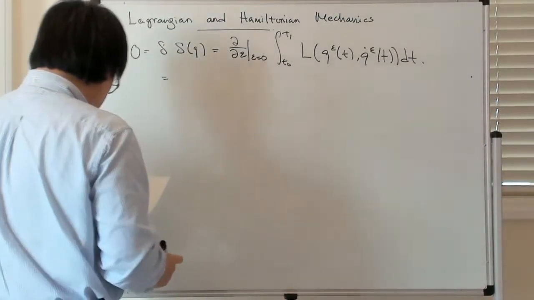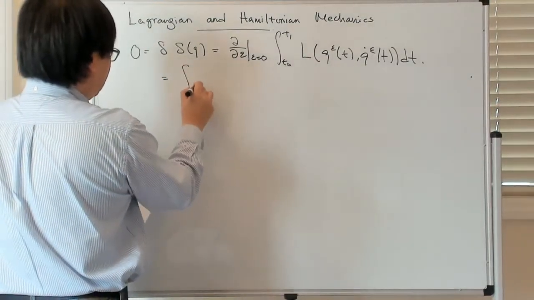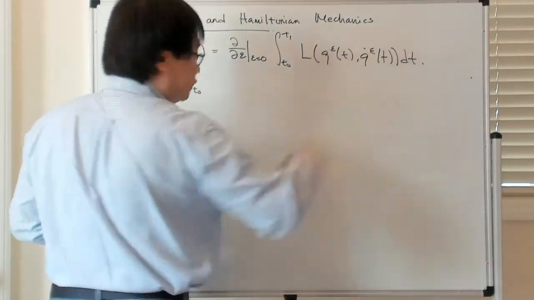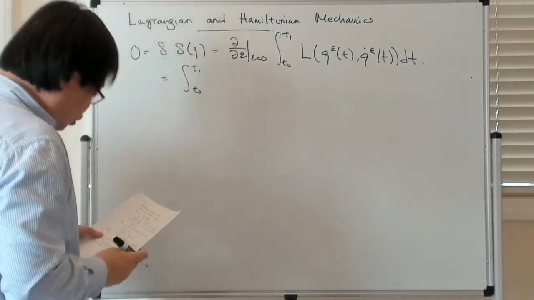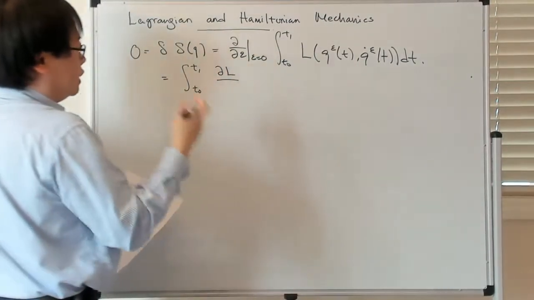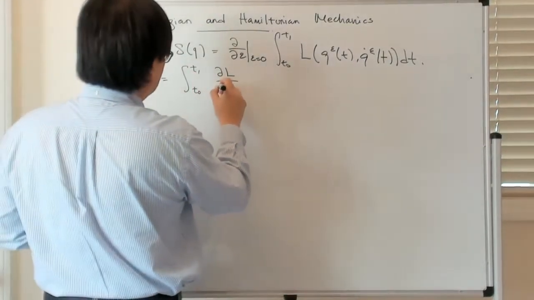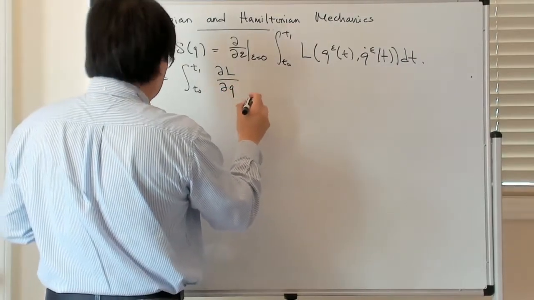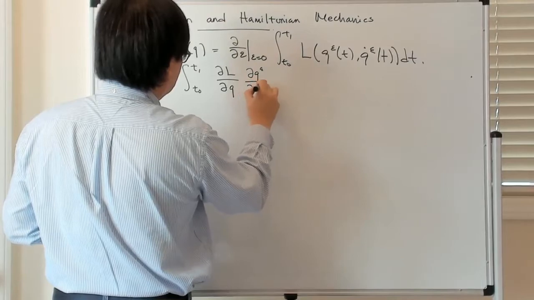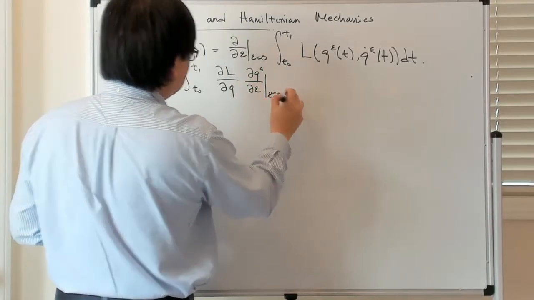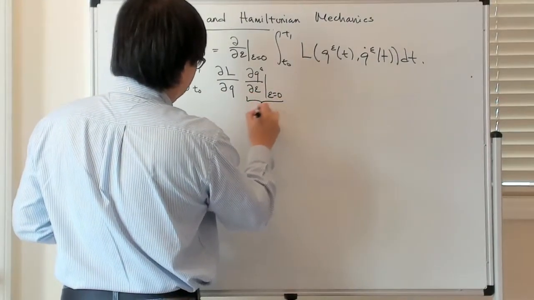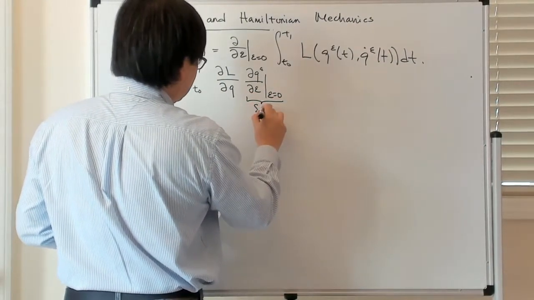So what you get is an integral from t0 to t1 of the partial with respect to epsilon of this integrand, which is the Lagrangian. You just apply the chain rule: you get dL/dq times dq epsilon/d epsilon evaluated at epsilon equals 0, which is nothing more than the infinitesimal variation I denote by delta q.